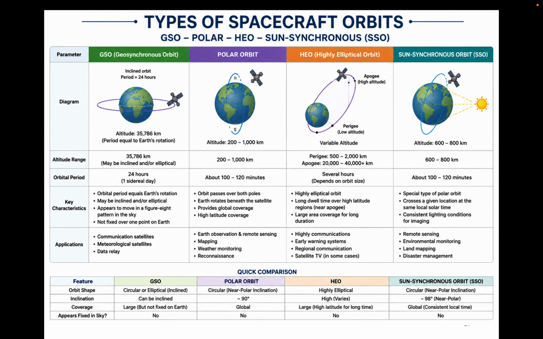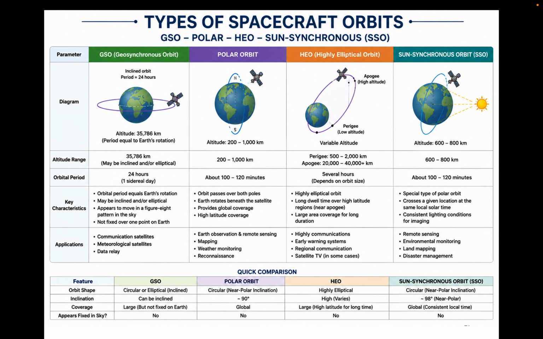If you want to cover some specific region, we can design this orbit so that it comes very close to the Earth during that position, and at the other end it goes very far away from the Earth's surface. If we have it that way, then we can call it a highly elliptical orbit.